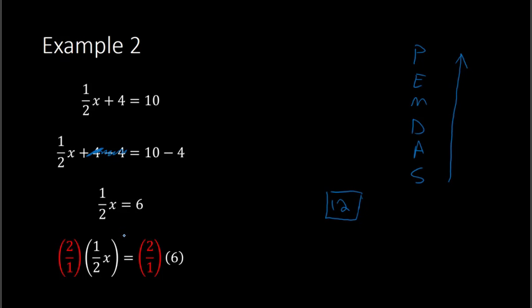That has the same exact effect, because on the left side, 2 over 1 times 1 over 2, the 2's would cancel, giving me 1 over 1. So we have 1x on the left side. And on the right side, we have 2 over 1 times 6, which, as we stated, would equal 12. So either way, the answer is 12. But the second way I showed you would be a little bit quicker as we progress in this course.